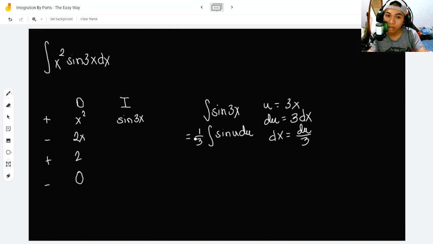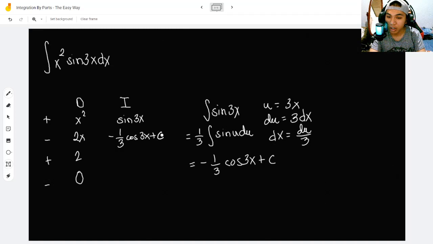Now the integral of sine is negative cosine. And when we multiply that by 1/3, we're left with negative 1/3 of cosine. Our u is 3x, plus c. So negative 1/3 cosine of 3x plus c.